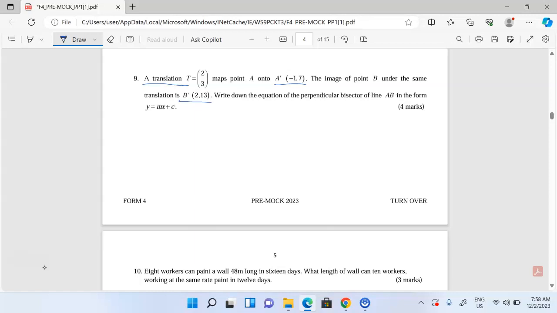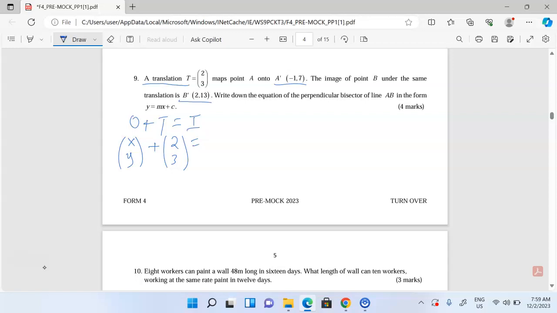plus c. Alright, so what you're supposed to know is that when we take an object plus a translation vector, we usually get the image. Therefore, in this case, we can talk about the unknown A, which has x and y. Then the vector for translation.